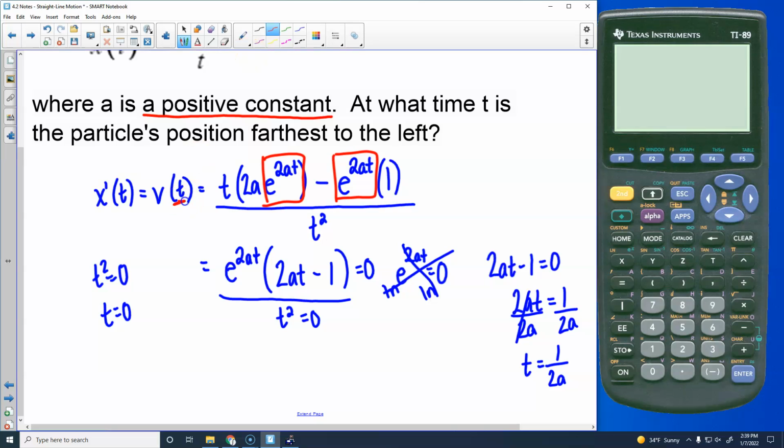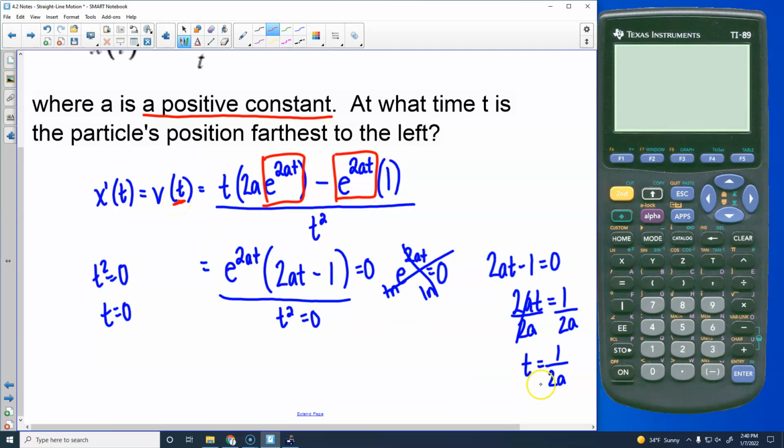Our variable for the function is t, right? So A represents something we know is a constant number. It doesn't change, right? Variables change. Like we could put any number there for a variable. A doesn't change. We just don't know what it is. So it's a constant. So we treat it like it's a number, even though clearly it is a letter. It is a number masquerading as a letter.